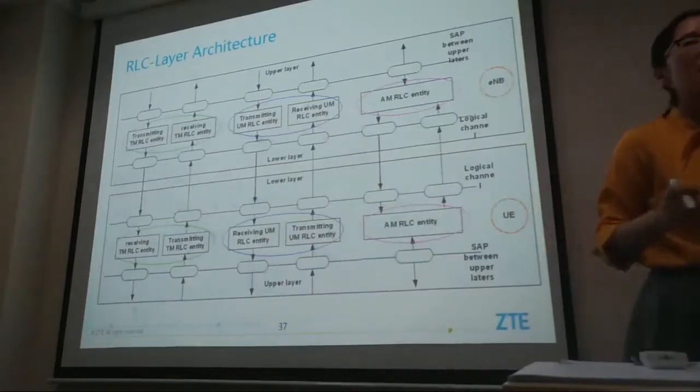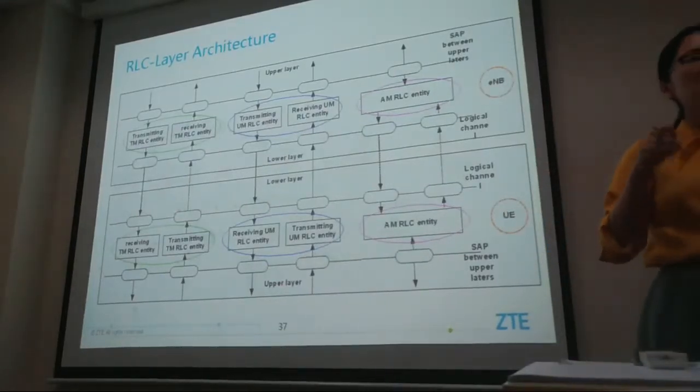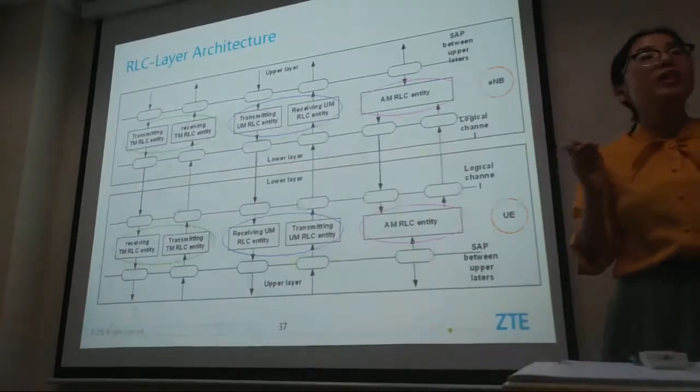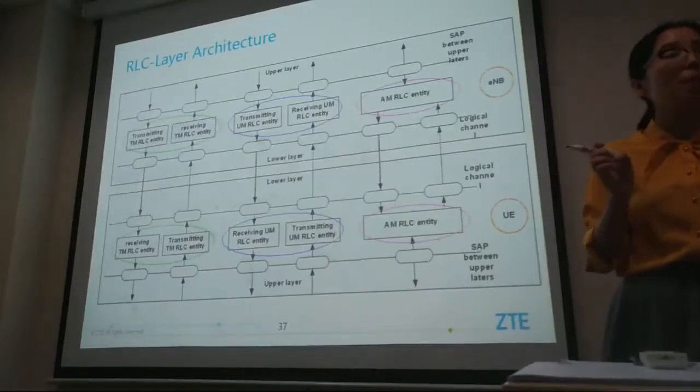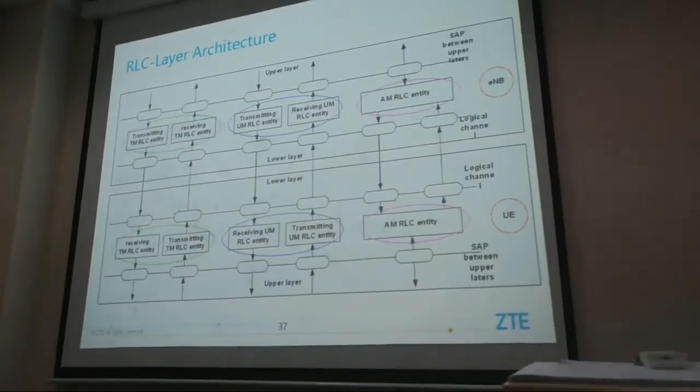For example, for signaling, we need to guarantee the signaling is transmitted reliably, so we need to select AM mode. It must be AM mode. But for voice data, if you use VoLTE, you will use a different one.